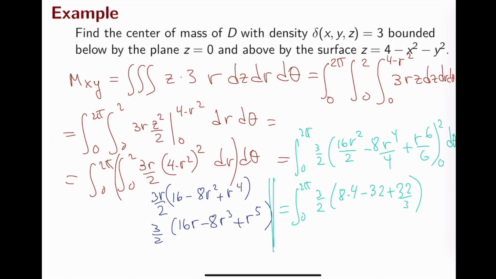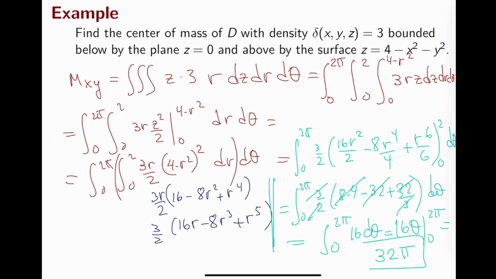Let's simplify, and this is 32 minus 32 is 0, so we have just 32 thirds times this, the 3 cancel, and 32 over 2 is 16. So at the end of the day, we have just the integral here of 16, which will be then 16 times 2.